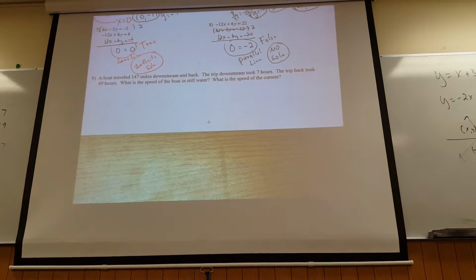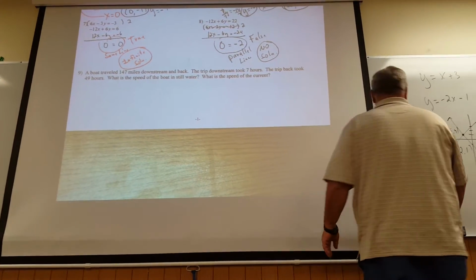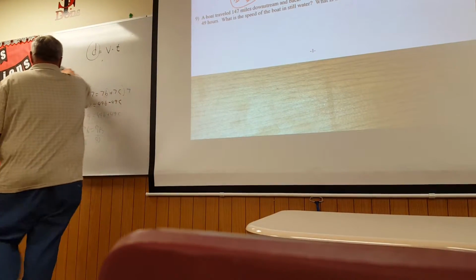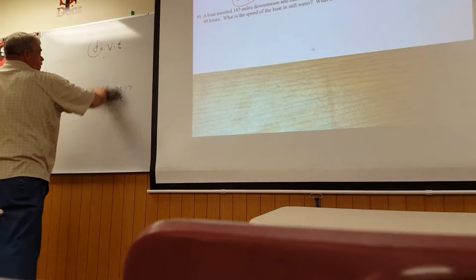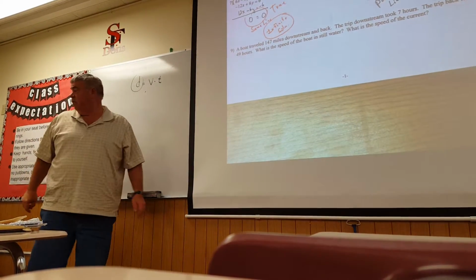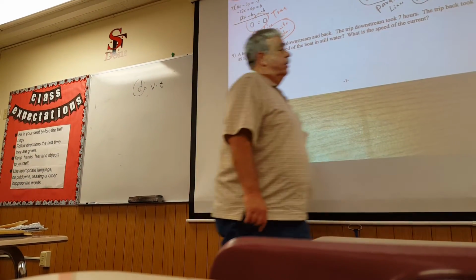Okay, now, we are going to do some story problems, okay? And our story problems start with a distance part on these, all right? So what we do is a boat travels 147.